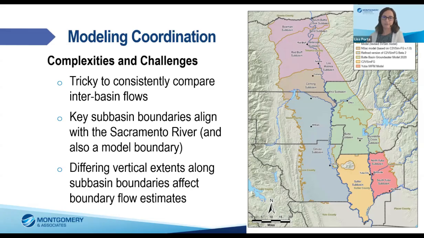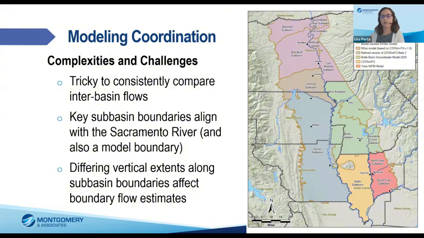The other big challenge is that the key subbasin boundaries align with the Sacramento River, and it's also a model boundary in some cases. So the Sacramento River kind of splits our east and west subbasins here, and so that is a big hydrologic feature that makes it a little bit tricky to model or compare between the different models. And then we also have different vertical extents along the subbasin boundaries.